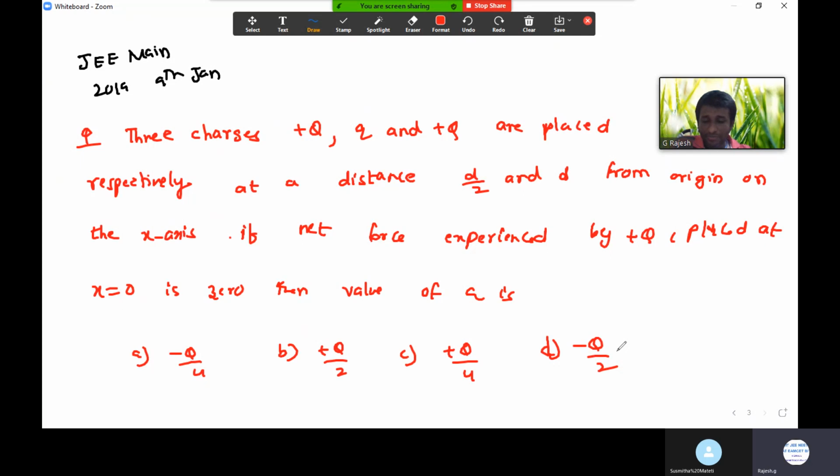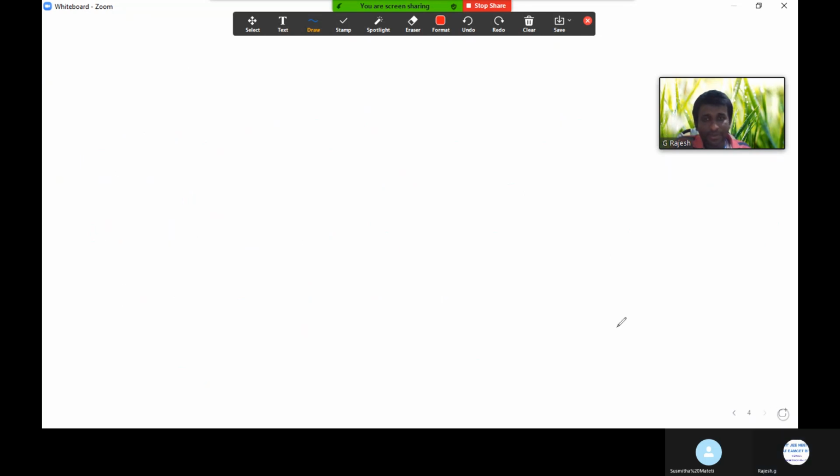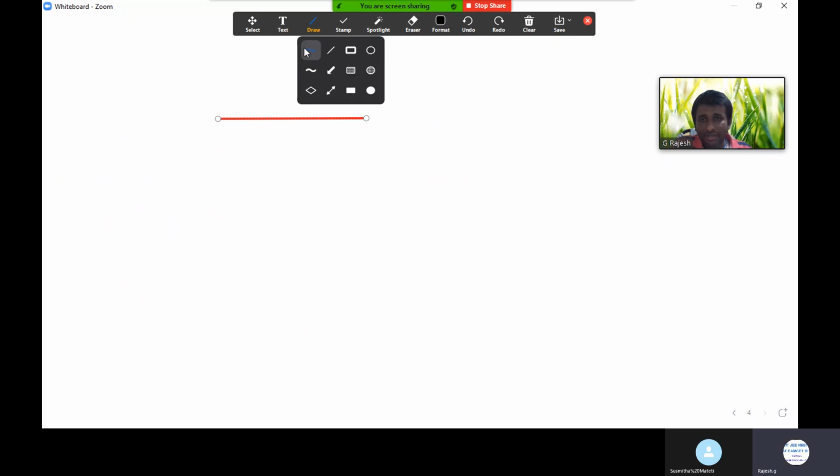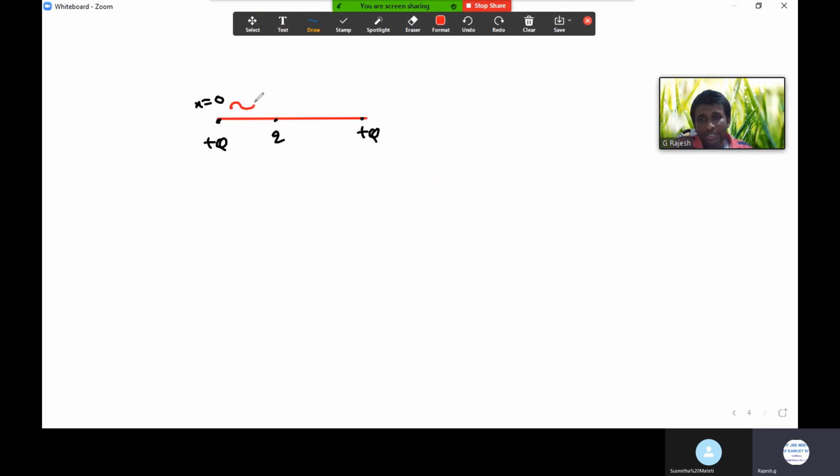This is the question. So first we have to draw the diagram. There is a positive charge at the origin, so this is x equal to 0, and at d by 2 the small charge q. So this distance is d by 2 and this distance is d.